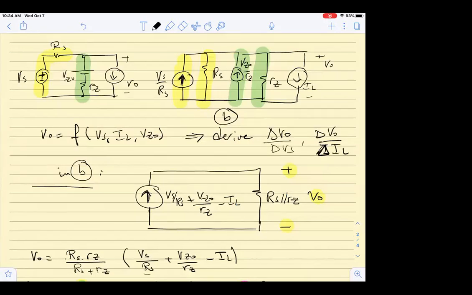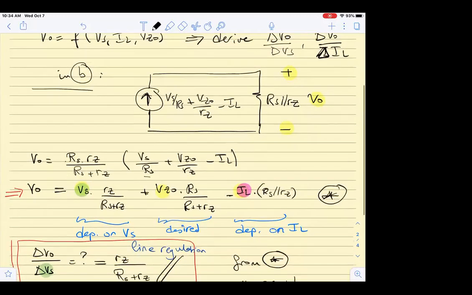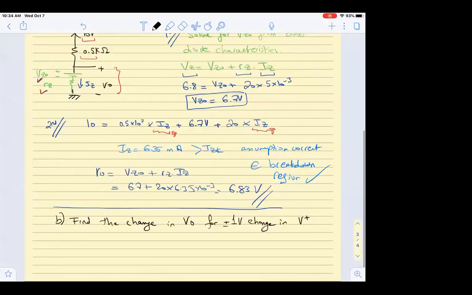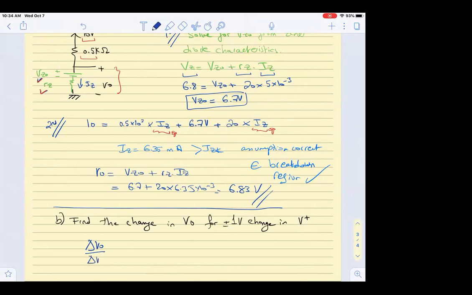Okay, so I can use probably the equation del VO by del VS or V plus. So we are going to opt to use del VO by del VS. Del VO by del V plus in this case, as we saw before for the similar circuit, is RZ over RS plus RZ, which comes out to 20 over 500 plus 20, which is equal in this case to 0.385.